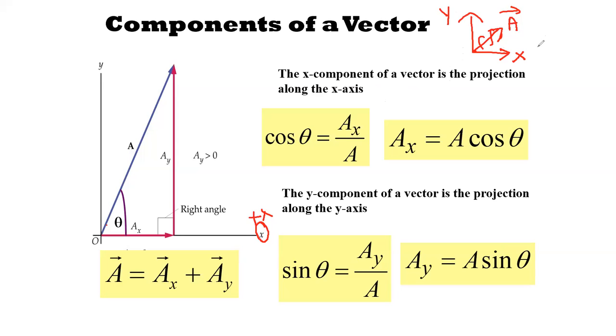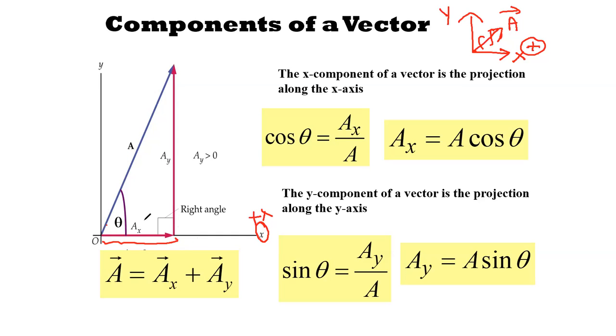Make sure this is my positive direction. If you're not sure what to do, put your pen along this vector and rotate it until it hits the x-axis. Then you would see your pen is lying along this way.